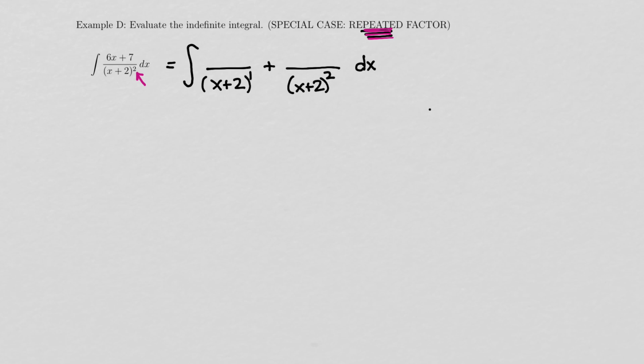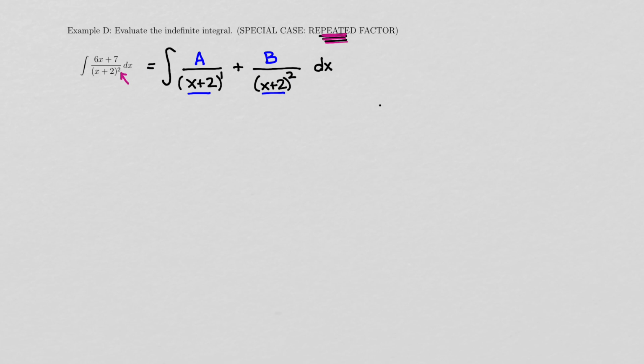Now, in each case, we have a linear factor that's being repeated, and so on top we would simply put A and B. So let me give you another example of a repeated factor.